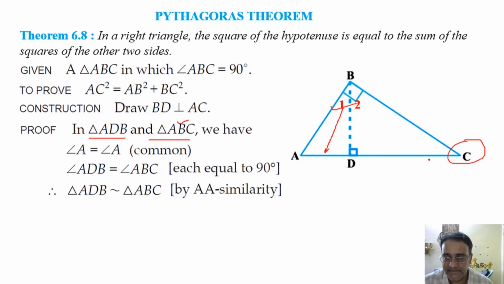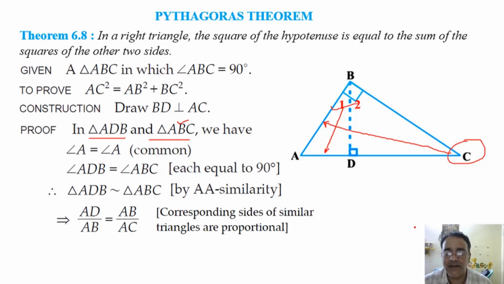AD. And what is the side opposite to angle C? Full triangle, AB. Right. So that means AD upon AB is equal to AB upon AC. Why? Corresponding sides of similar triangles are proportional. Now what we will do? We will cross multiply, so we'll get AB square is equal to AD into AC. Let it be equation number 1.